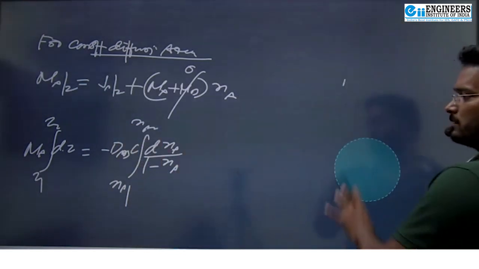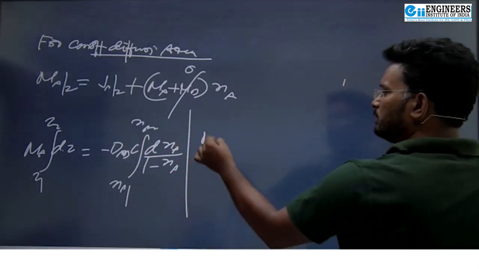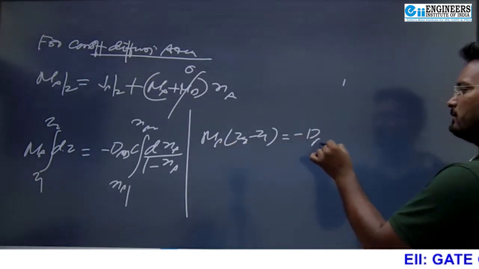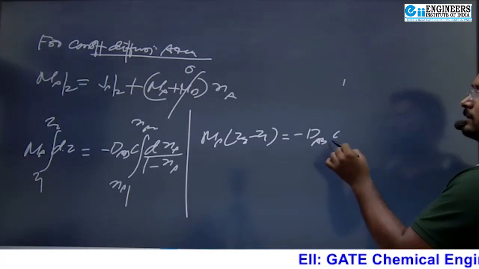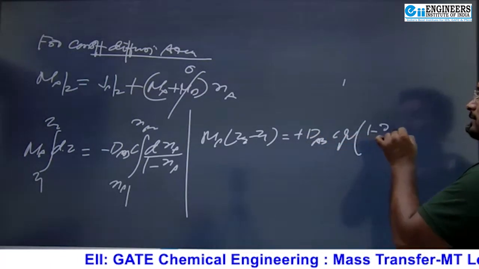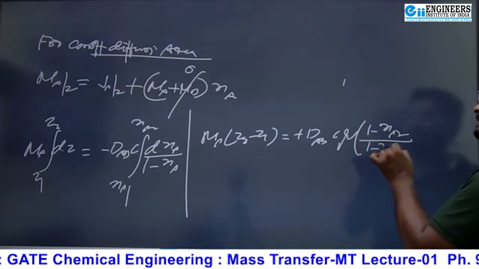And whenever this is the condition, then NA into Z2 minus Z1 equal to minus DAB into C, प्लस हो जाएगा ln 1 minus XA2 upon 1 minus XA1.